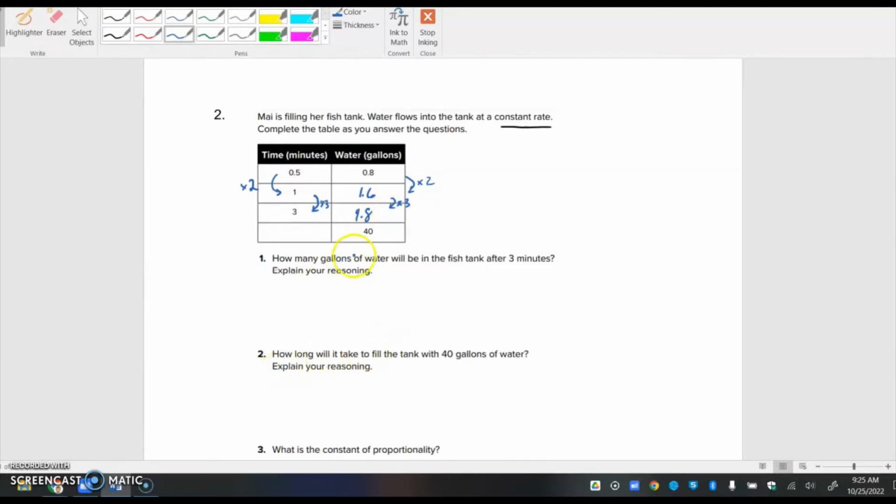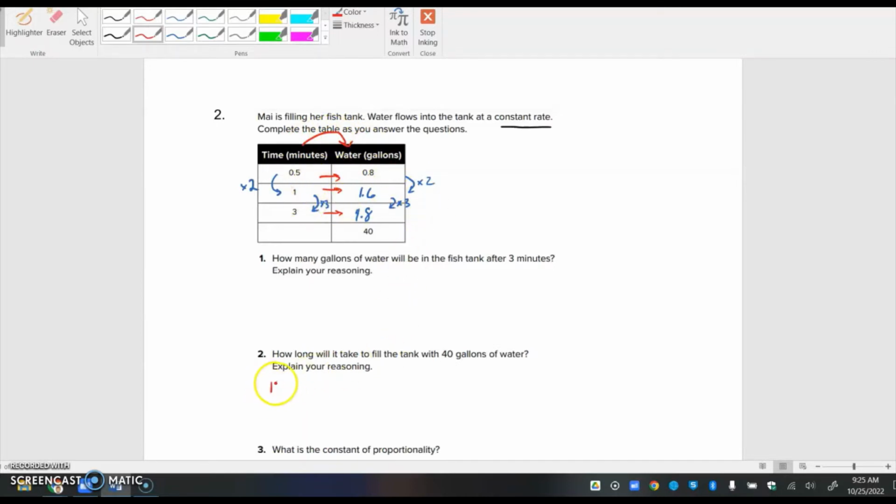Okay? And then the last one, for number 2 here, it says, how long will it take to get 40 gallons in my tank? Well, one trick that I like to use here is I like to find my K value. So how am I going from X to Y each time? What am I multiplying by to go from my time to my water?